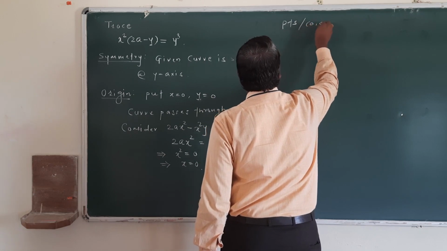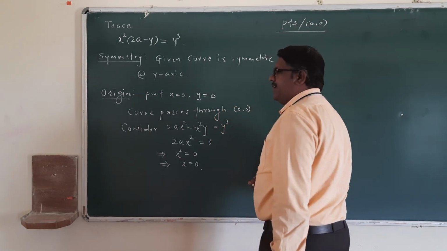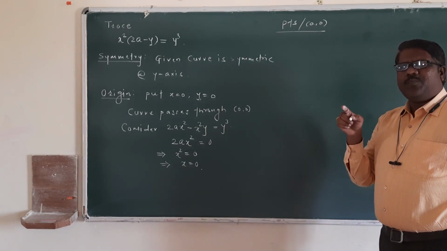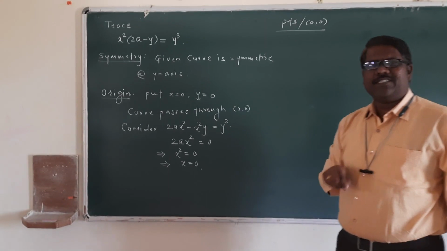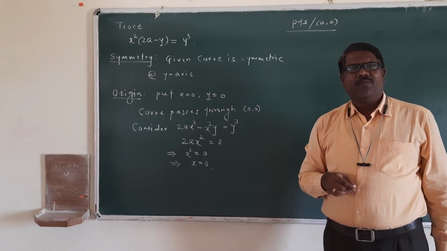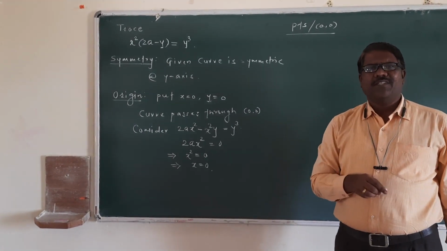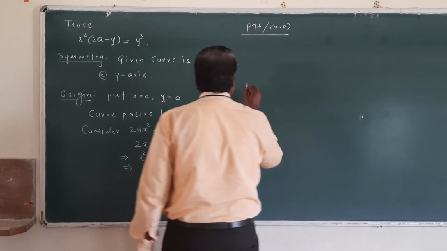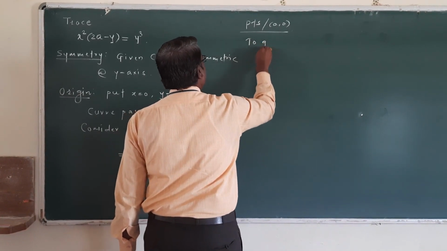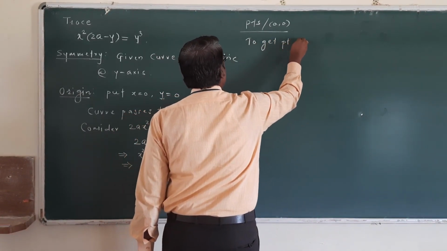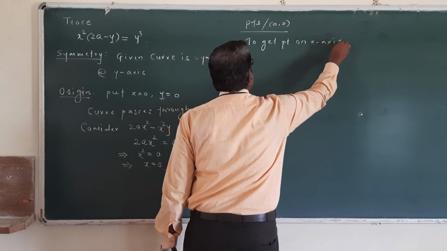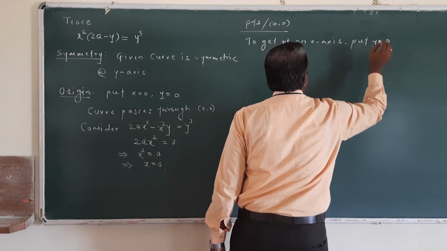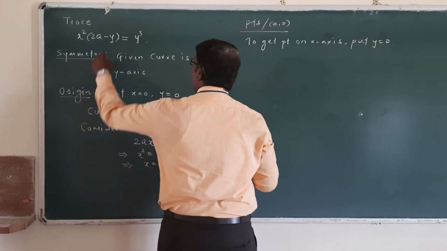Okay. Now we will proceed further for points other than origin. How to obtain points other than origin? For getting a point on x-axis, put y is equal to 0. For getting a point on y-axis, put x is equal to 0. So first, to get a point on x-axis, put y is equal to 0 in the given equation.